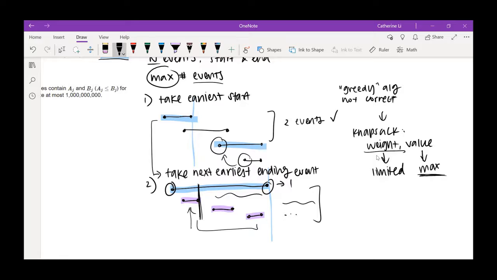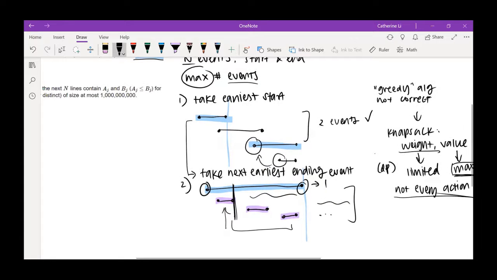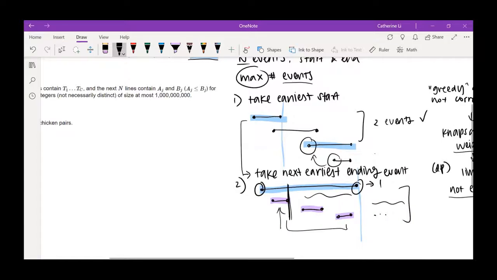So in this case, we would use DP. This is an example of how not every action has to be aligned with your goal in order to maximize the total value. So that was kind of an aside.